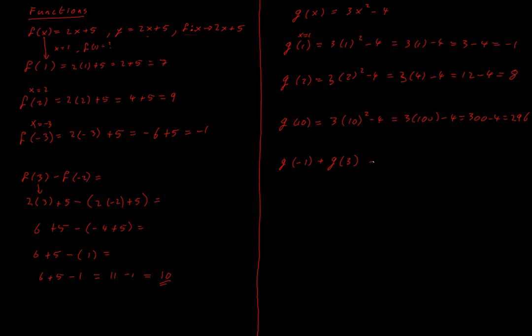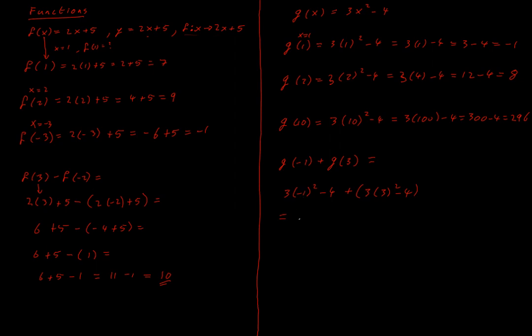Now let's put this one into practice here. So I have g of minus 1. Let's sub that in. So I have 3 times minus 1 squared, minus 4, plus 3 times 3 squared, minus 4.